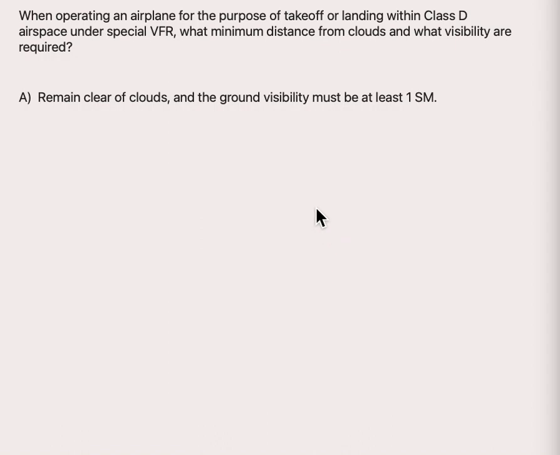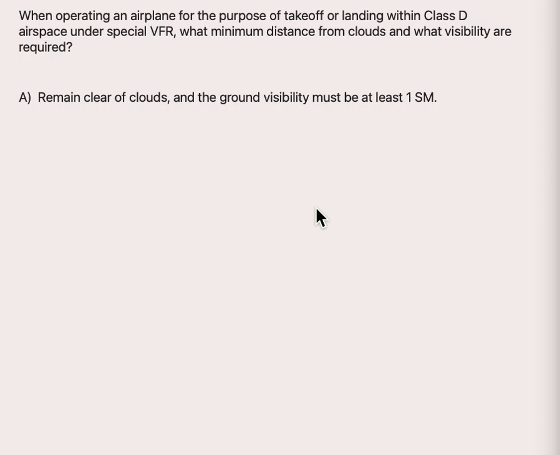When operating an airplane for the purpose of takeoff or landing within Class Delta airspace under special VFR, what minimum distance from clouds and what visibility are required? You have to remain clear of clouds, and the ground visibility must be at least 1 statute mile.